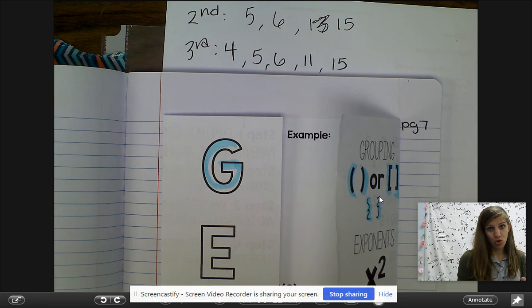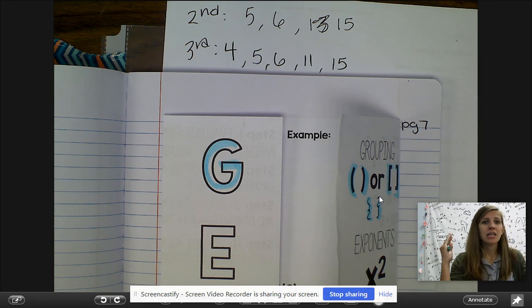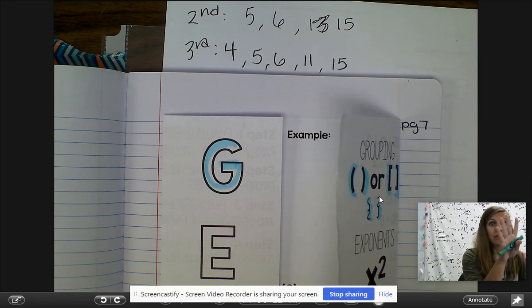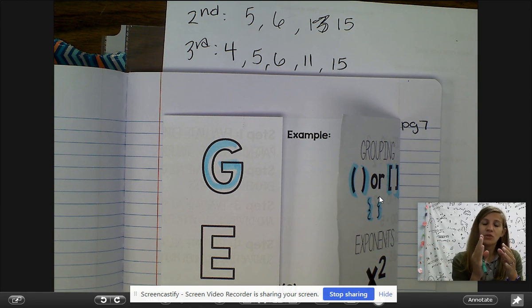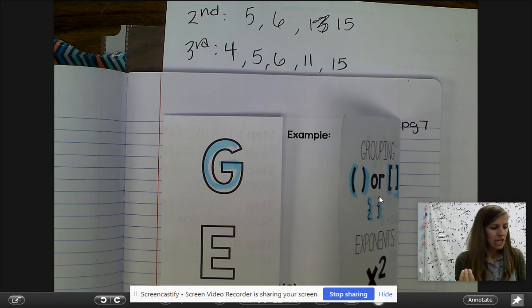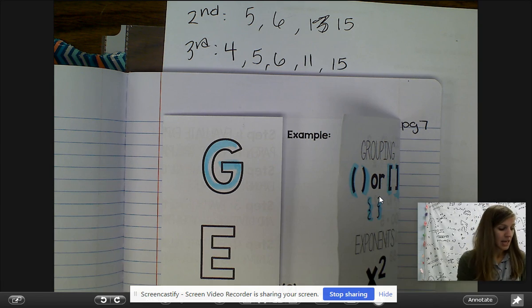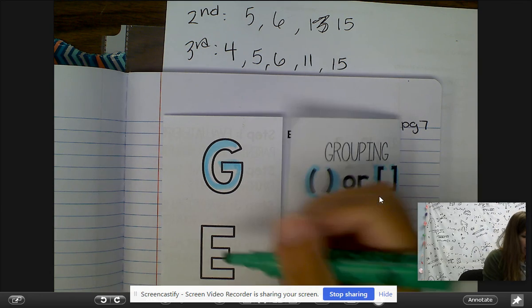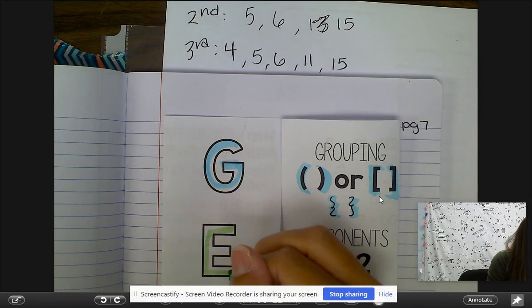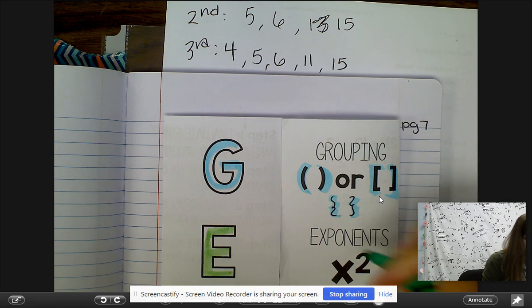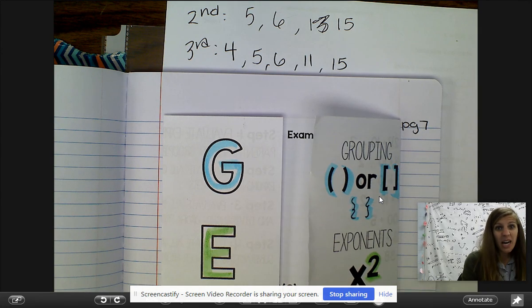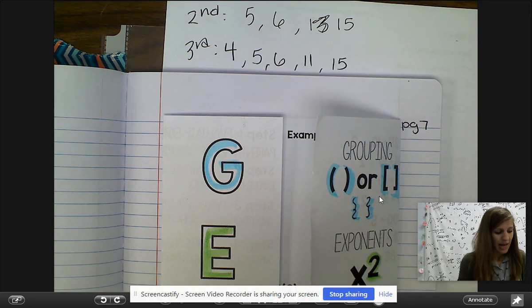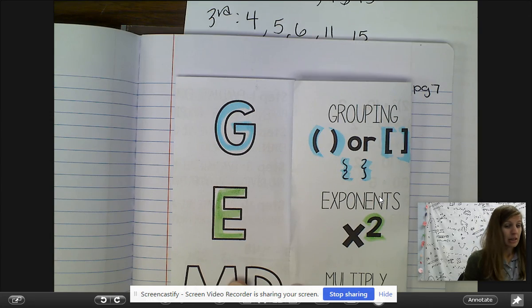In a math story or in a long math string of numbers, you have to look at all of it at once, and you have to narrow in on those grouping symbols, and then whatever is in the grouping symbols, you have to reassess: do I have exponents? Because exponents are the next strongest operator. So then we're going to be looking for exponents, and exponents are those little baby numbers.